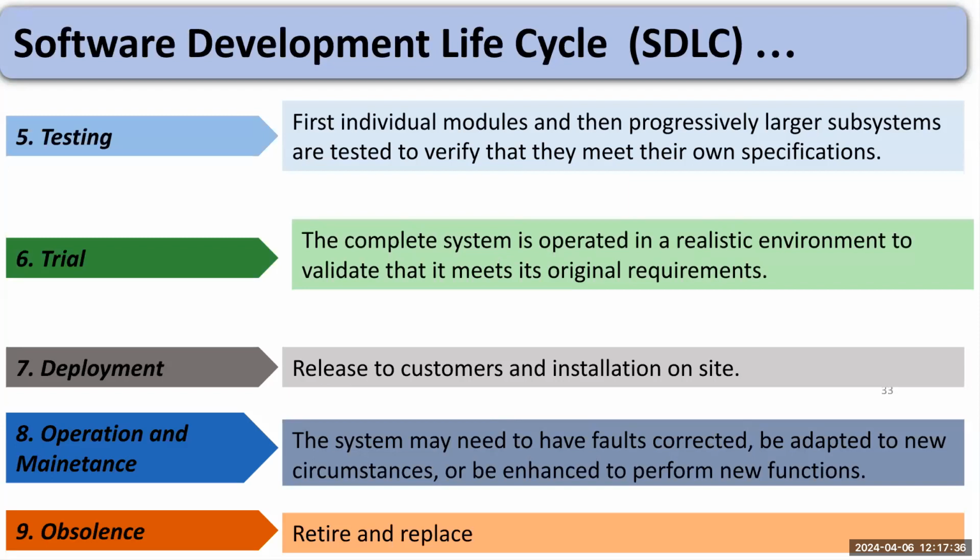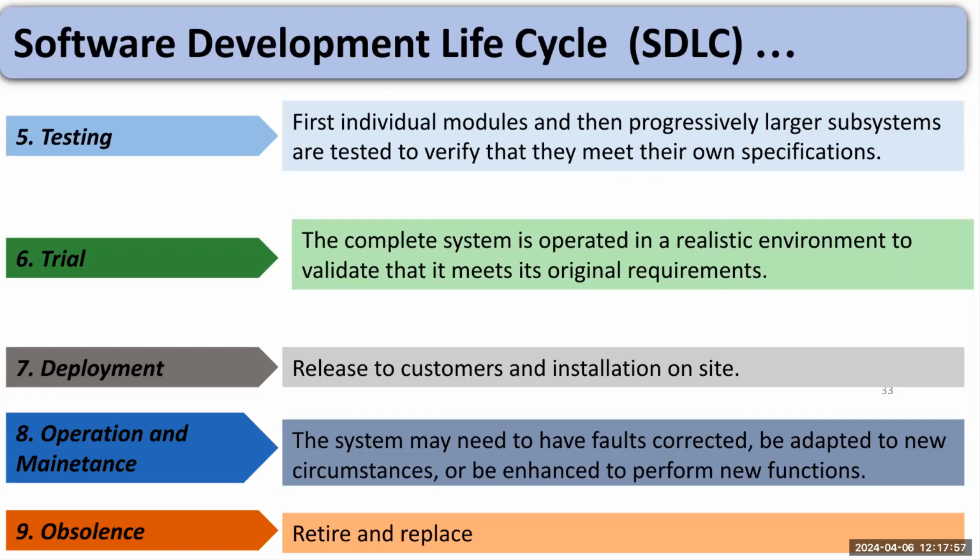And the trial. The complete system is operated in a realistic environment to validate that it meets the original requirements. Then the deployment. The deployment is giving the software to the customer. And operation and maintenance.